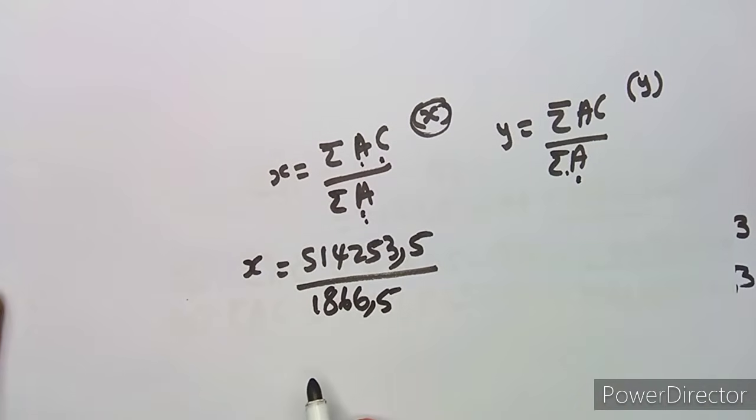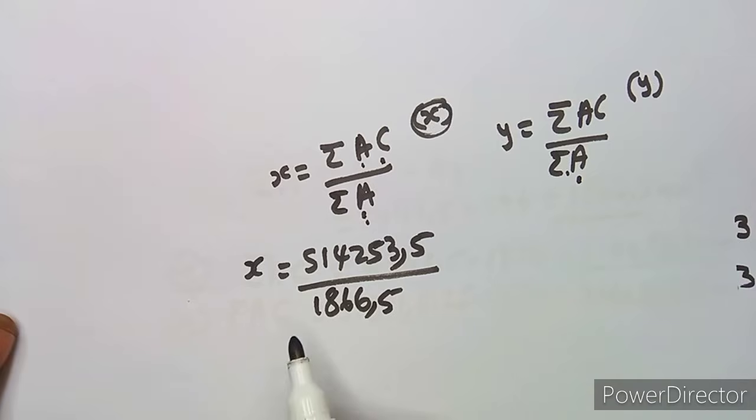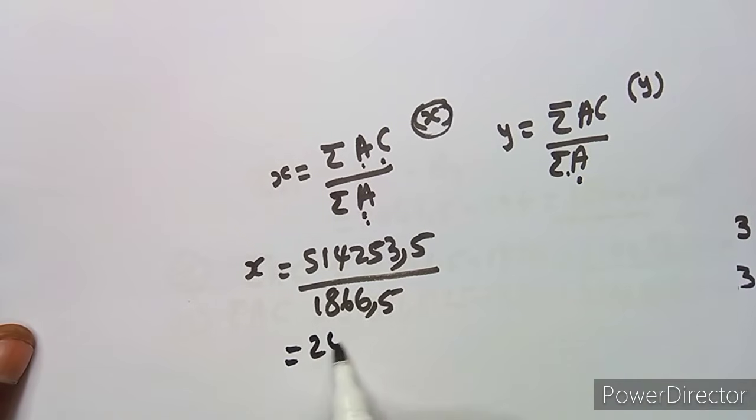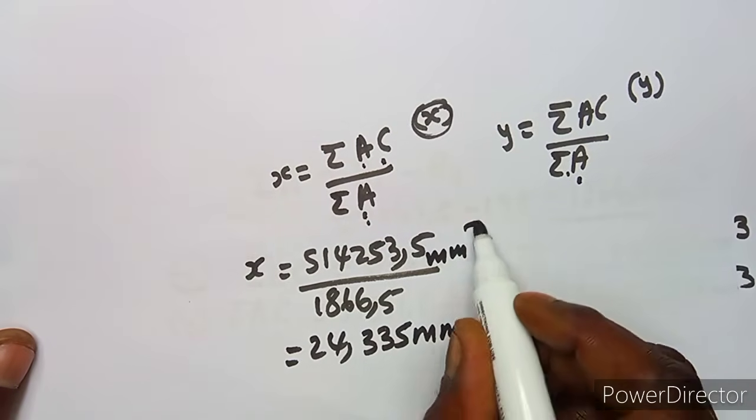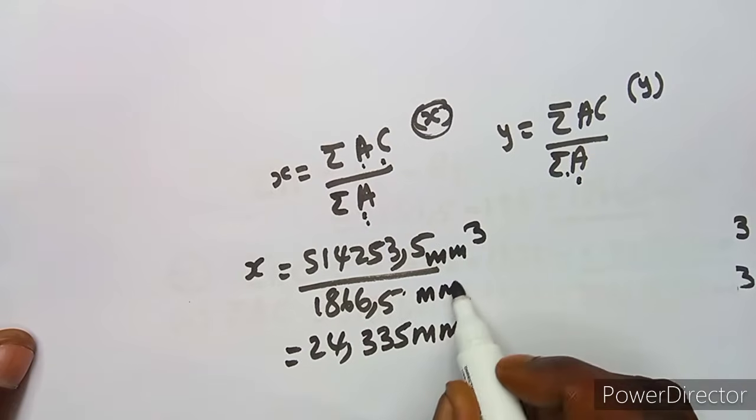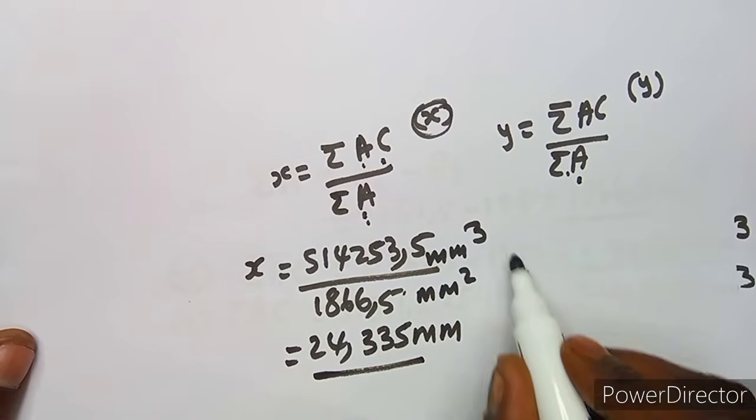All right, so if we divide these two, that is for x, we are going to obtain something like 24,335, then that will be millimeters, because these are cubic millimeters, this is area, which is in square millimeters, so the answer is going to be in millimeters.